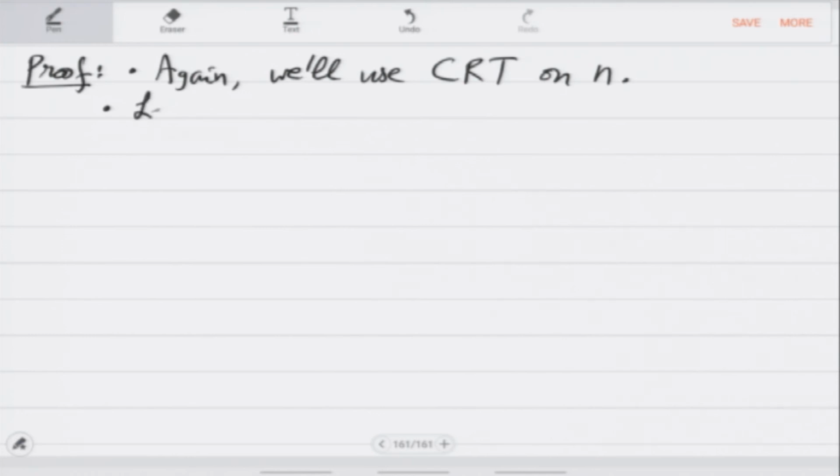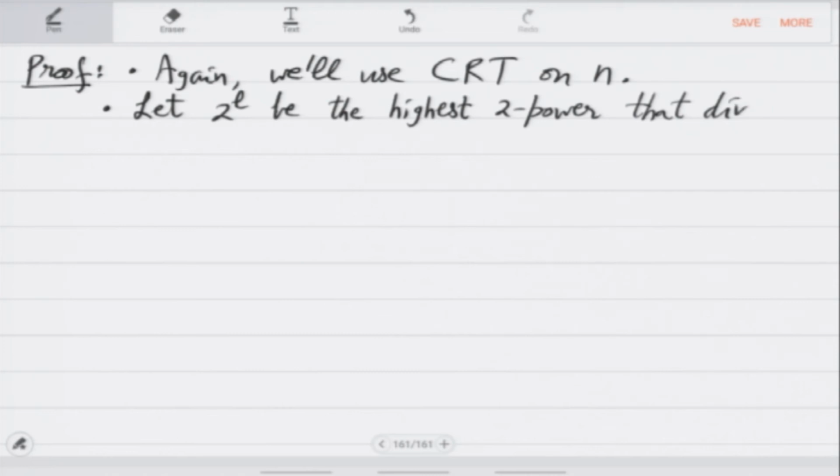So let us move in that direction. Let us say 2 raised to L be the highest 2 power that divides all the p minus 1s, for prime p dividing n.